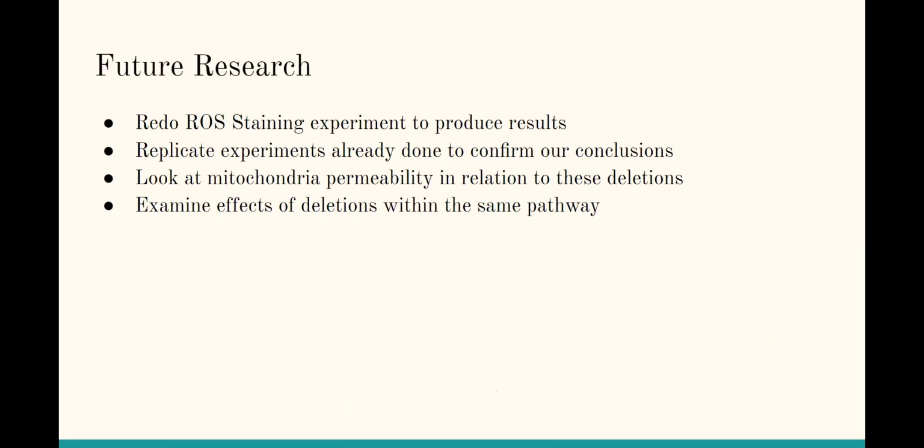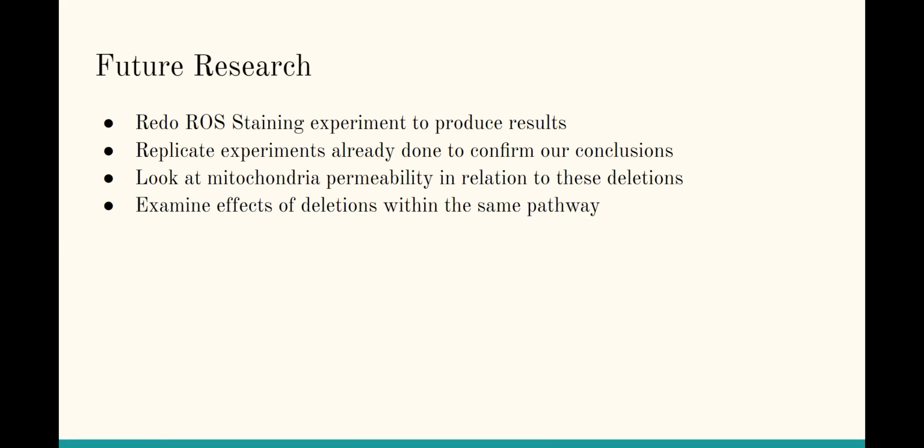And speaking of further research, what could we do with this research? We would need to redo our ROS experiment and hopefully produce results so that we could see the different ROS levels under different conditions of regulated cell death or not regulated cell death induced by acetic acid. We would like to replicate our experiments that are already done to confirm our conclusions or further our thinking on all of them.